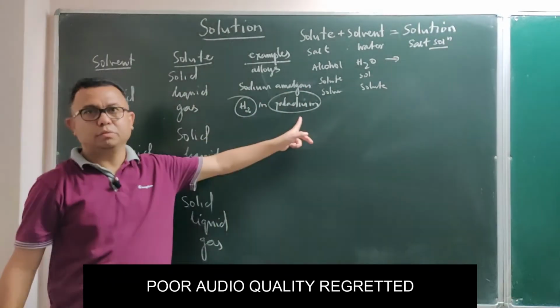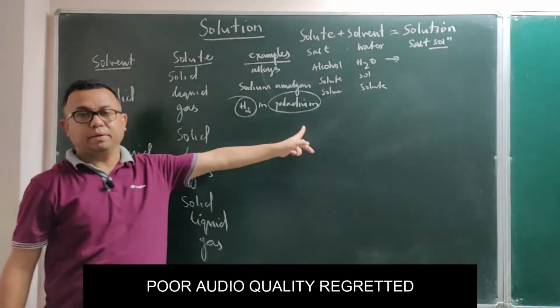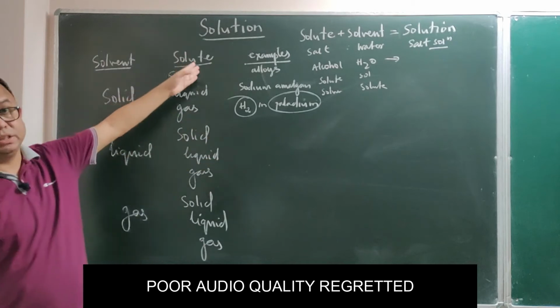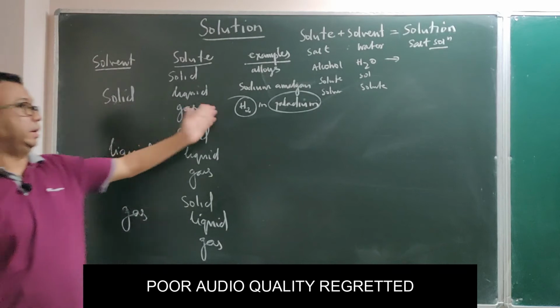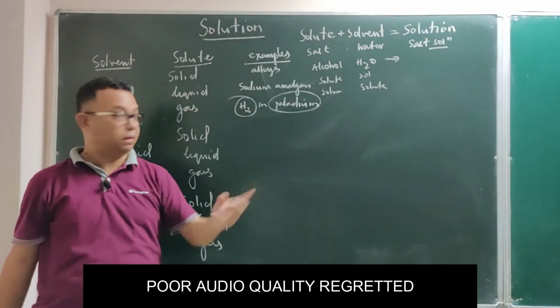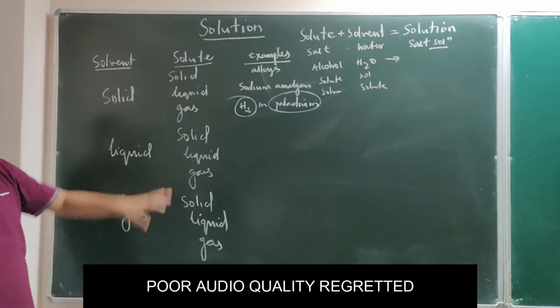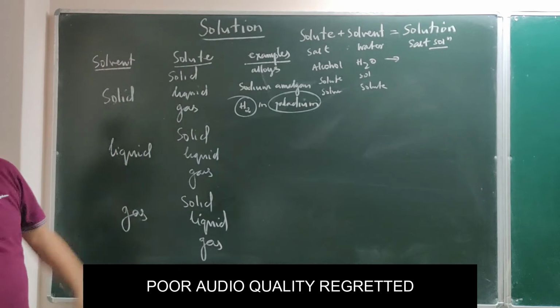Little quantity of hydrogen, more quantity of palladium. But a gas, hydrogen, is in a solid, which is palladium. Palladium is a metal, so the hydrogen is absorbed on the surface. So this is an example of this third solution, gas in a solid.